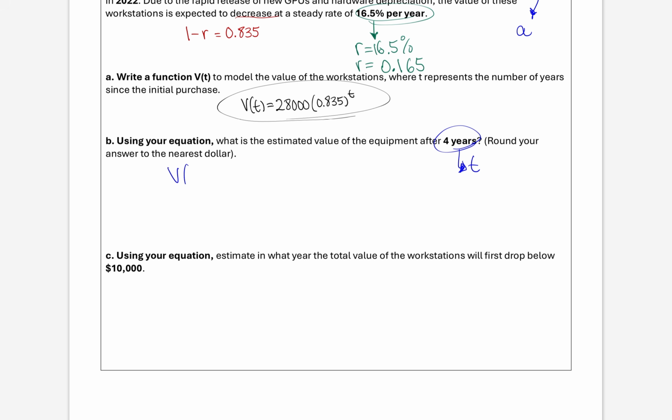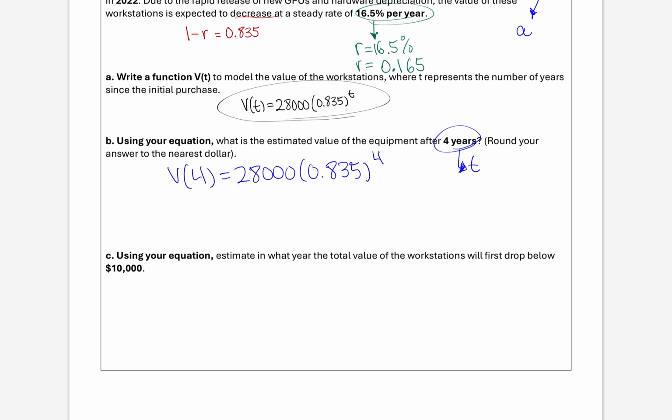So we have v(4) is equal to 28,000, parentheses, 0.835 to the power of 4. Now keep in mind that when you're entering this into Desmos, we just need the right-hand side of the equation. Okay, now let's go ahead and type that in.